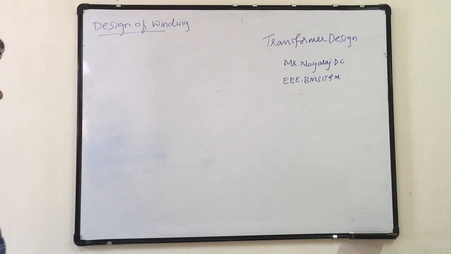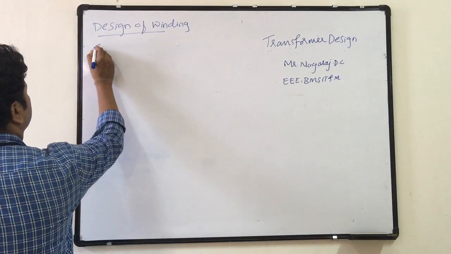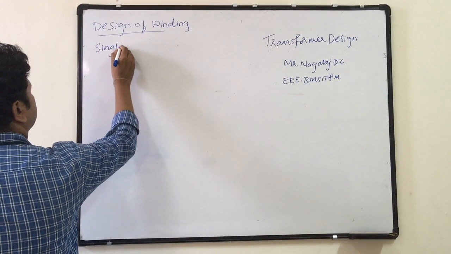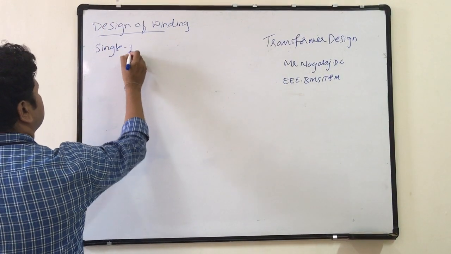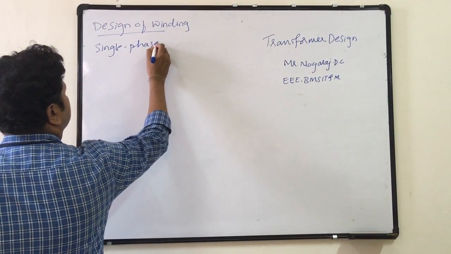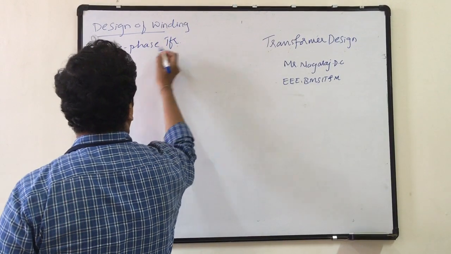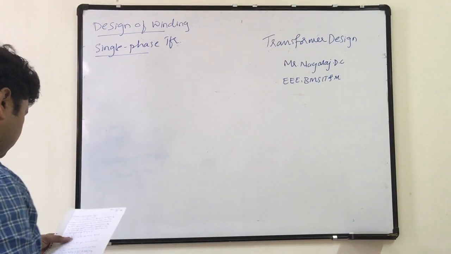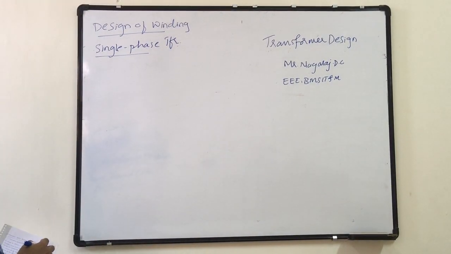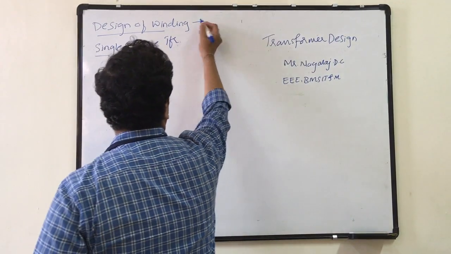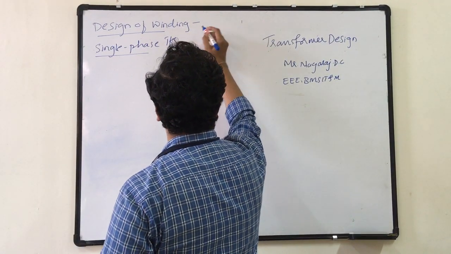So for a single phase transformer, first we'll see the number of turns, then we'll go to the area.